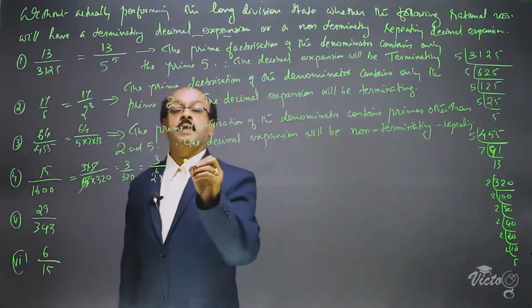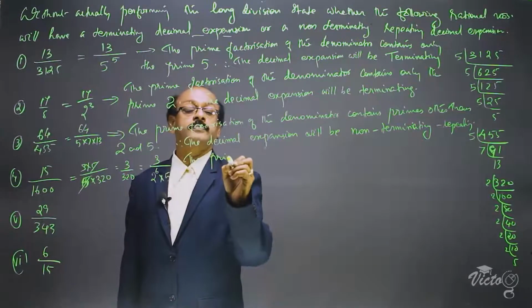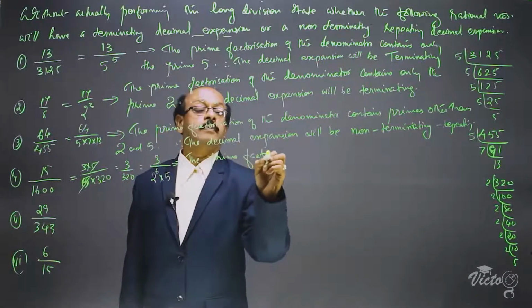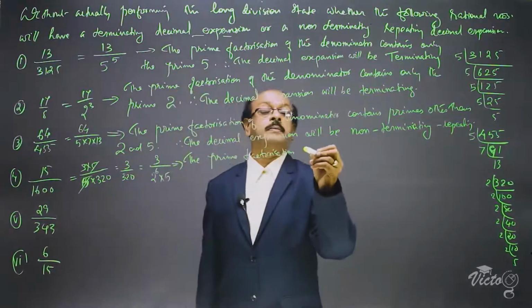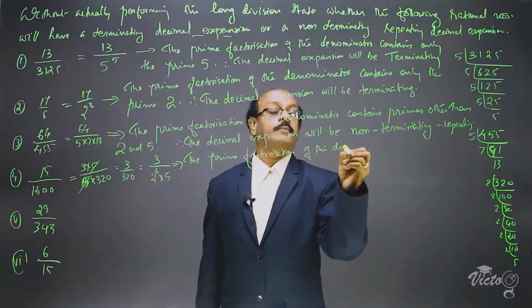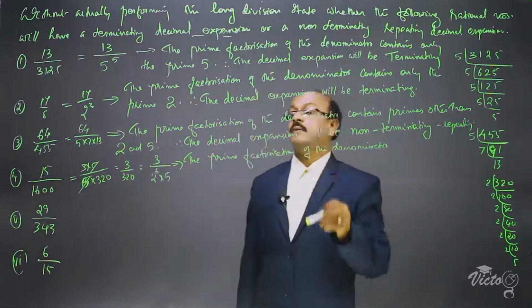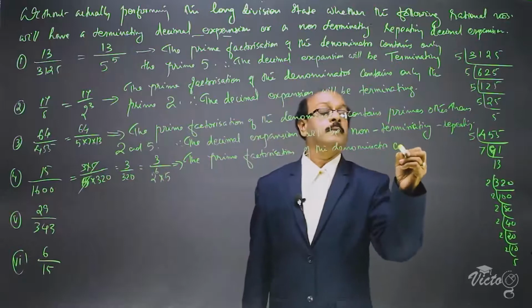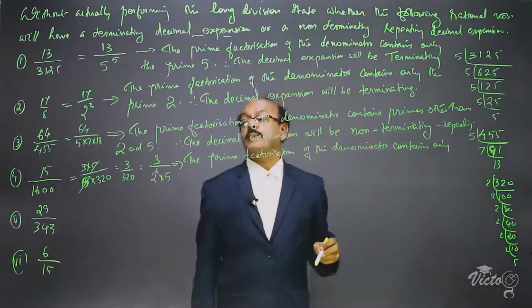That means the prime factorization of the denominator contains only the primes 2 and 5.